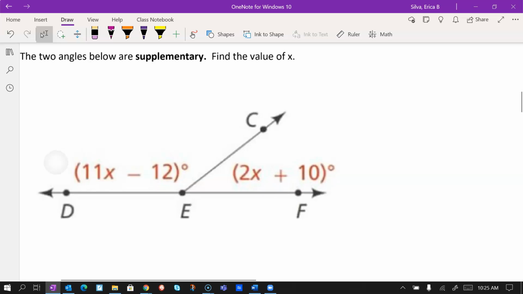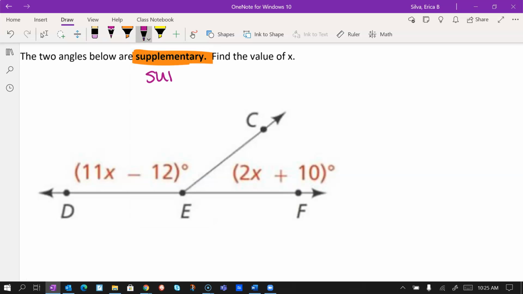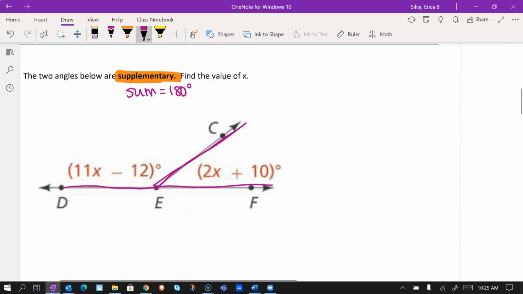This one says that these two angles are supplementary. What does supplementary mean? Perfect. It's when you add them and the sum is equal to 180. So that means when we add this angle and this angle, we make it equal to 180. So 11x minus 12 plus 2x plus 10 is 180. We want to combine like terms.